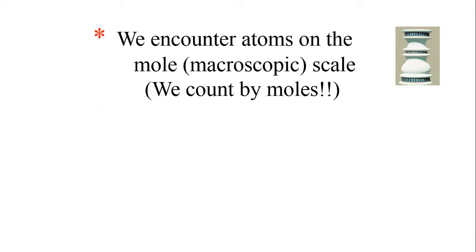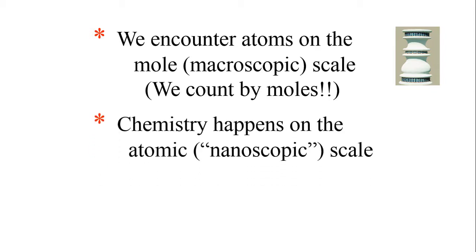Our first pillar of chemistry recognizes these two vastly different scales. We encounter atoms on the mole scale, or what we might call the macroscopic scale. When we count atoms and molecules that we measure in the lab, we count by moles. But chemistry happens on the atomic scale, or what we might call the nanoscopic scale.